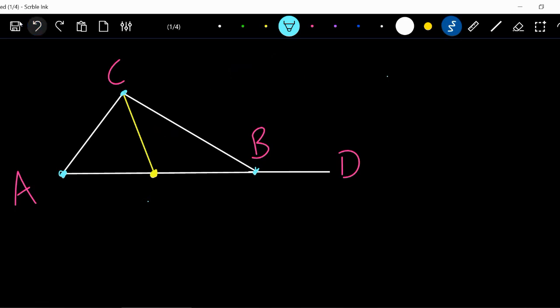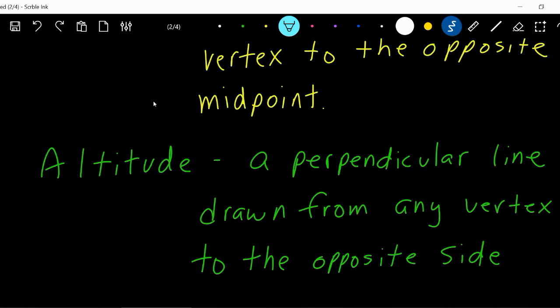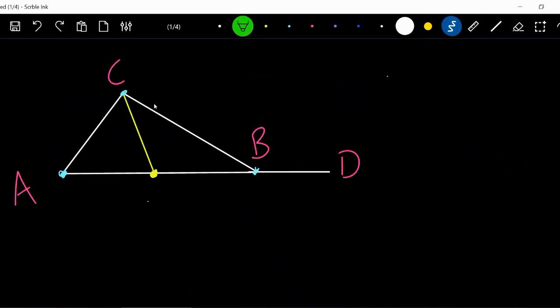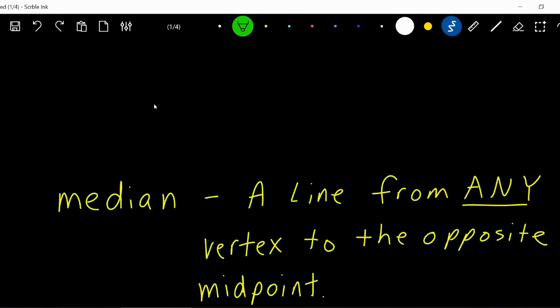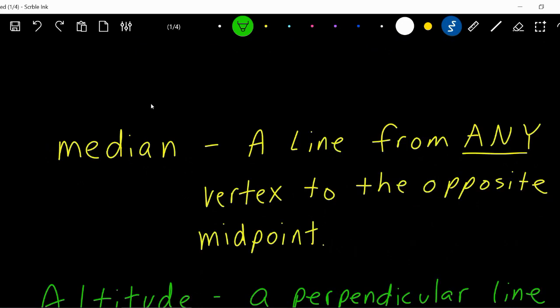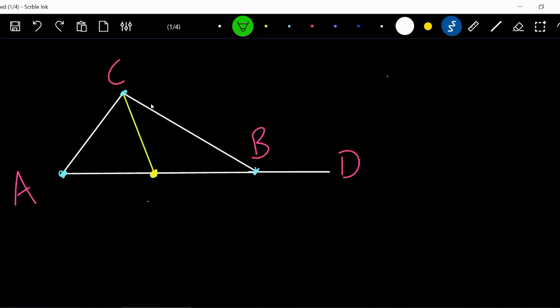The next one that I have written down here is the altitude. We'll do this one in green, so it looks a little different than the other one. The altitude is a perpendicular line drawn from any vertex to the opposite side. Now there's a difference. This line is not perpendicular. In other words, it's not straight.